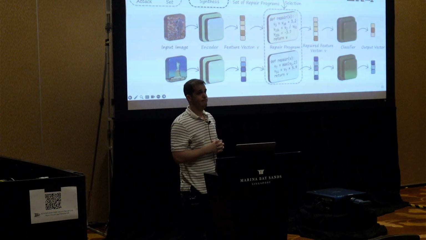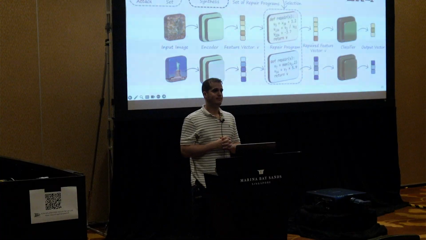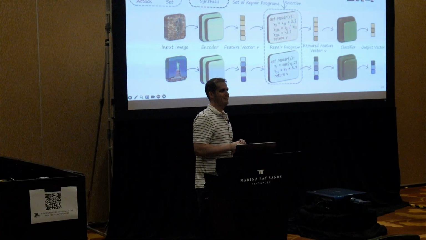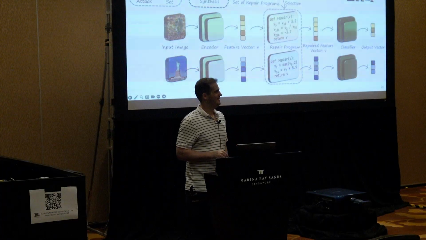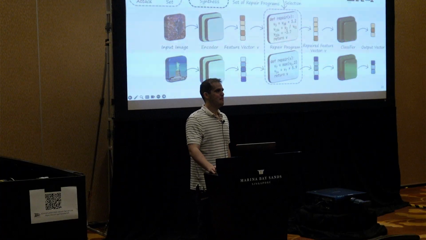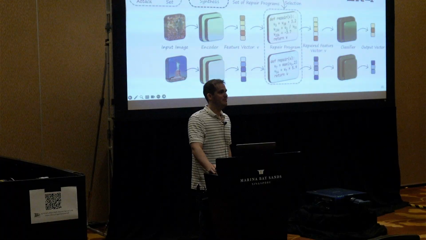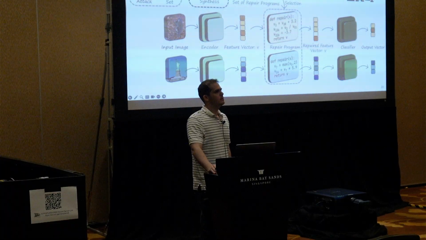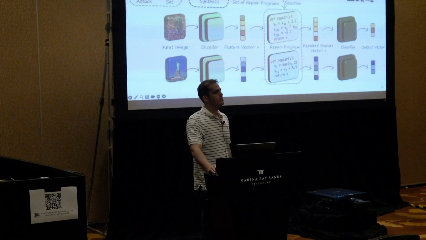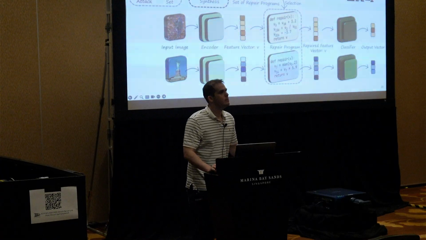Other questions? Oh, I'm sorry, there was one I didn't see. Please, go first. Hi, great talk. Can you review the program synthesis, how it locates in the space of population-based optimization, like genetic programming or Bayesian optimization?